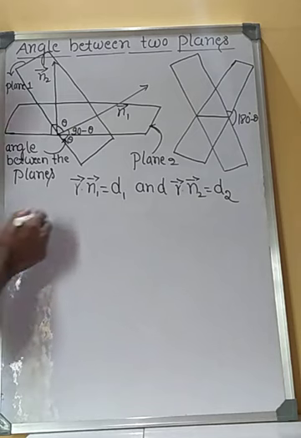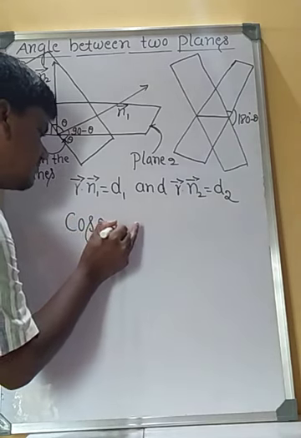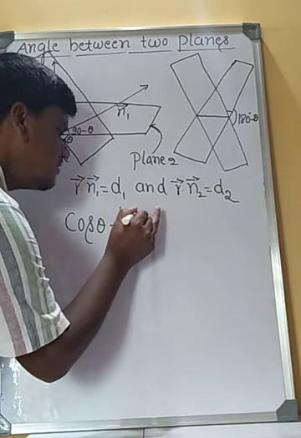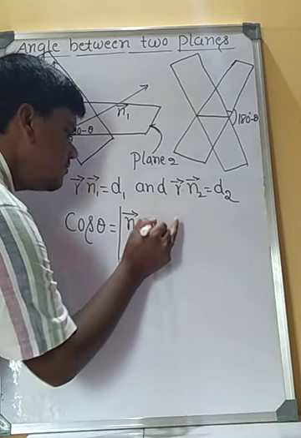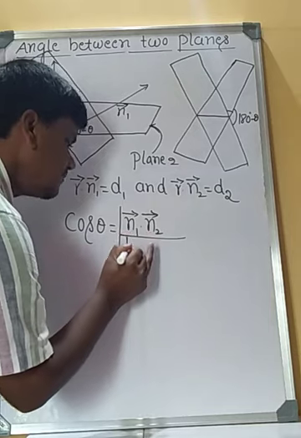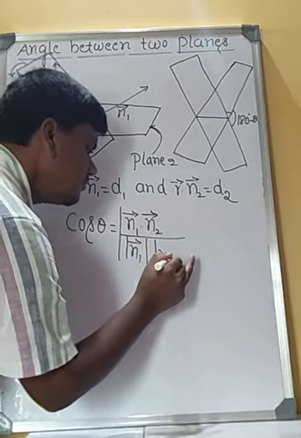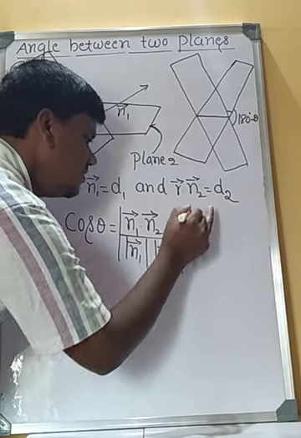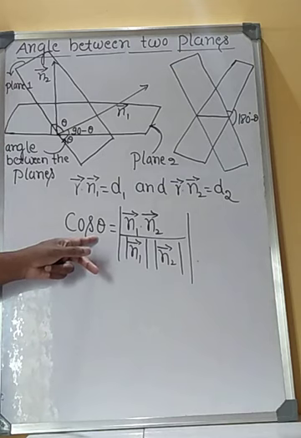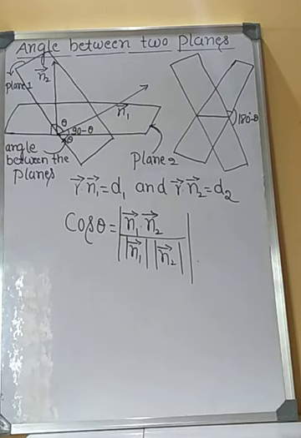Then we have cos theta equals magnitude of n1 vector dot n2 vector divided by magnitude of n1 vector into magnitude of n2 vector, which is the vector form of the equation of the planes.